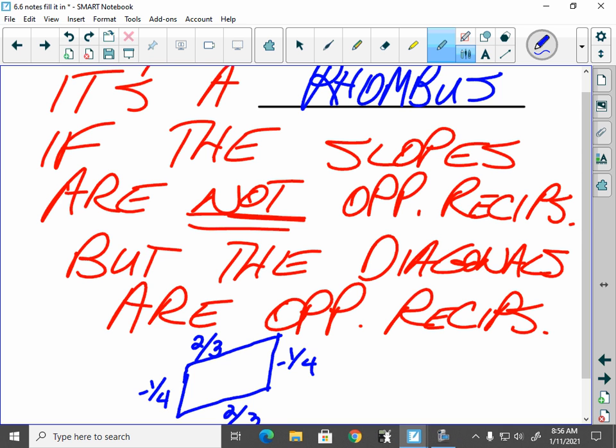No. Okay, but then if I drew this diagonal and said that slope was 1/5, and then I drew this one and said that slope was -5/1, are those opposite reciprocals? Heck yeah.